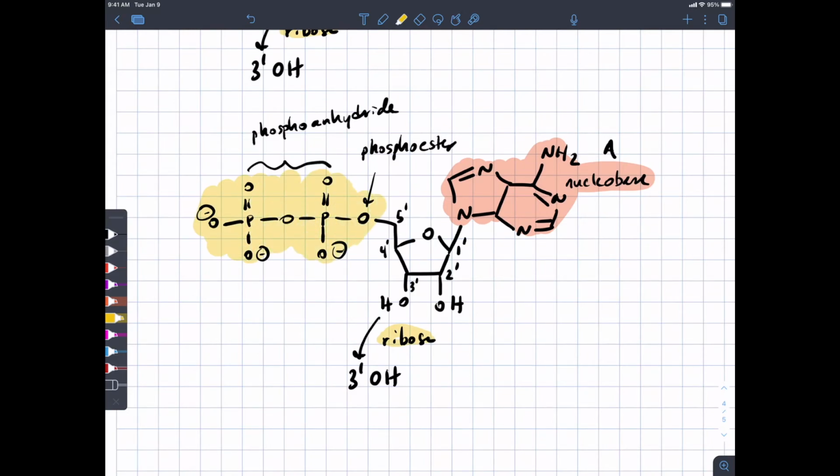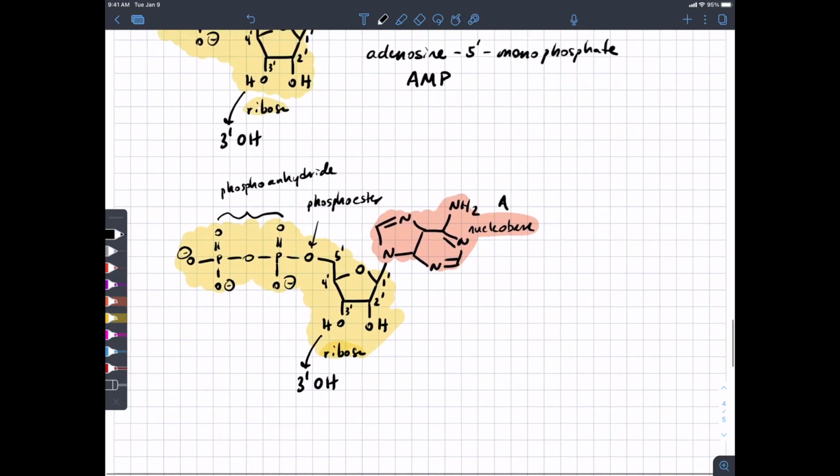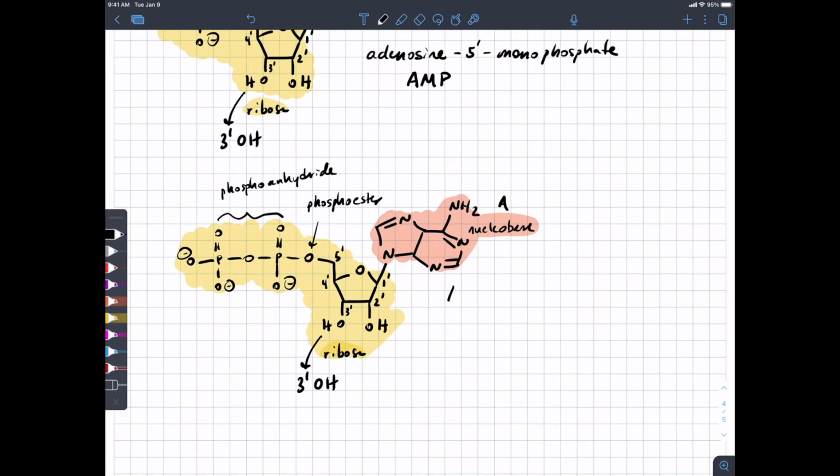And just like regular anhydrides are more reactive than regular esters, phosphoanhydrides are more reactive than phosphoesters. Meaning the bond between these two phosphate groups is not as stable as the bond between the OH group and the first phosphate group. We would call this adenosine diphosphate, or ADP.